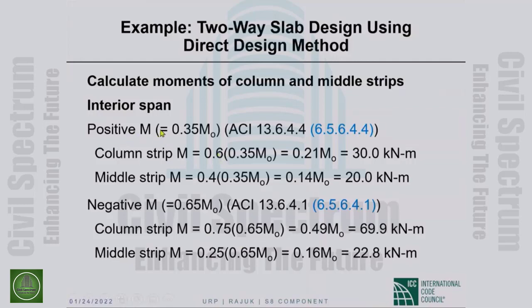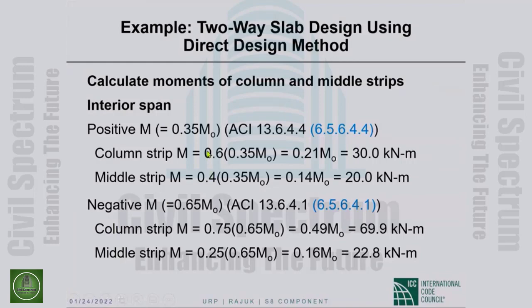Positive moment is 35% of M sub 0. Interior span, positive moment is 35% of M sub 0. 60% of that is the column strip moment. 40% is the middle strip moment.